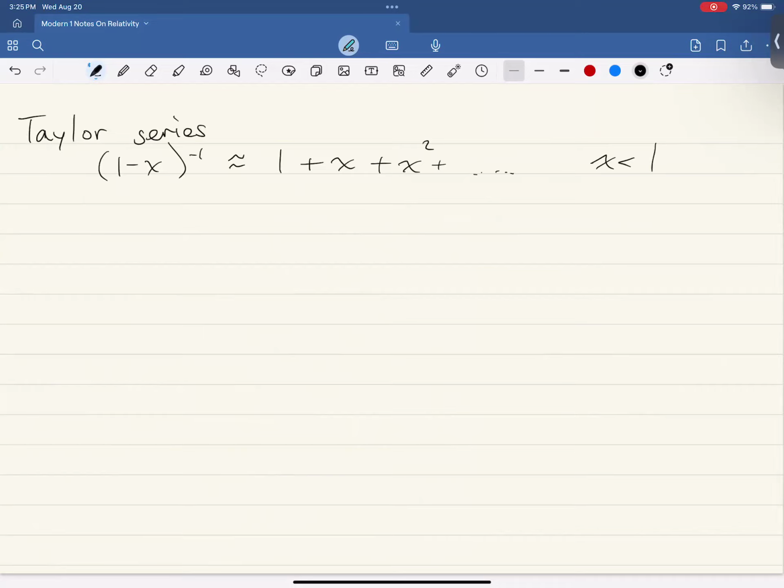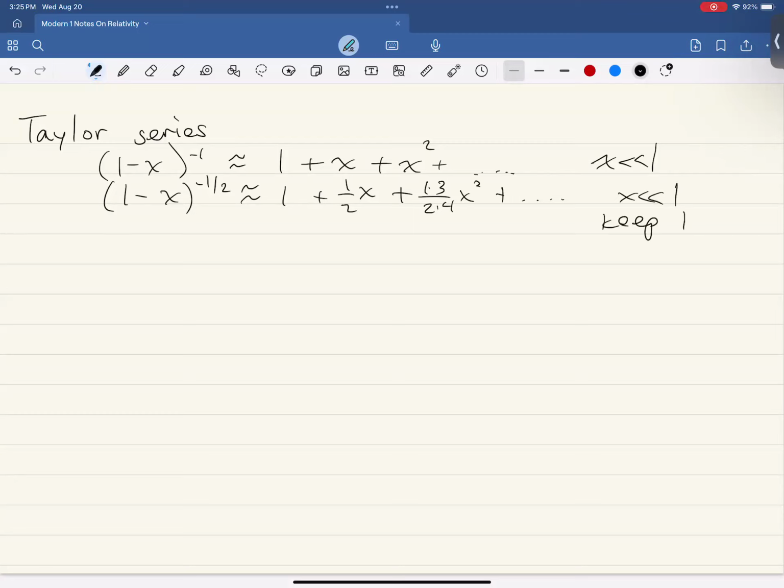And the other one is (1 minus x) to the minus 1/2 power, which is approximately equal to 1 plus 1/2 x plus (1 times 3 over 2 times 4) x squared plus dot dot dot, for x less than 1. Now, because x is much, much less than 1, I'm only going to keep first order. And that should be enough. So I'm going to truncate it right here in my approximations.